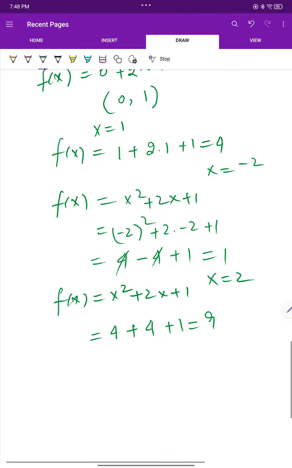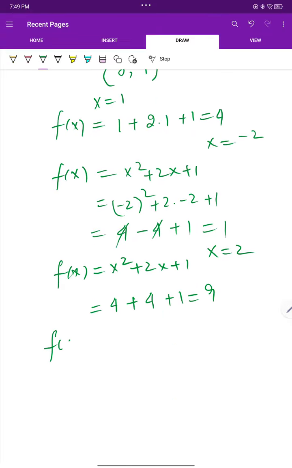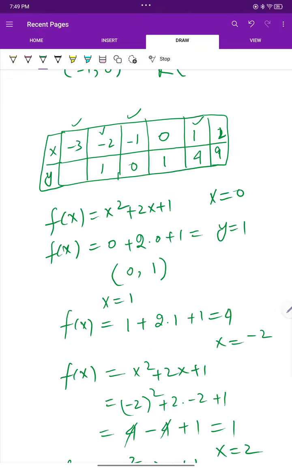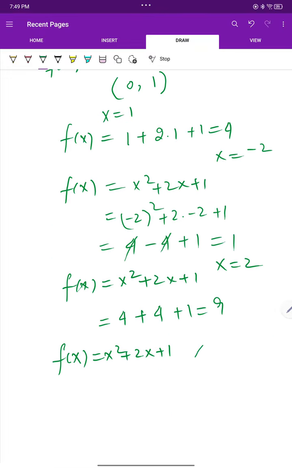And when you put f of x, x square plus 2x plus 1, with x is equal to minus 3, we get minus 3 whole square is 9, plus 2 multiplied by minus 3 is minus 6, and plus 1.